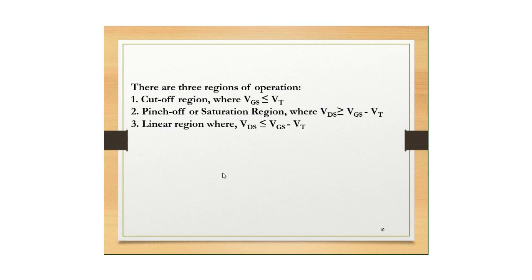So unlike a BJT, which you saw was used as a switch in the saturation region, a MOSFET is used for voltage amplification.